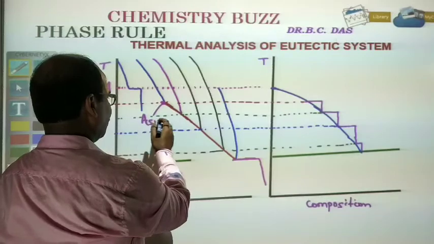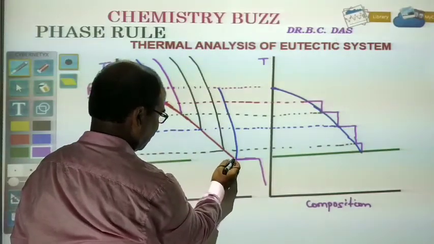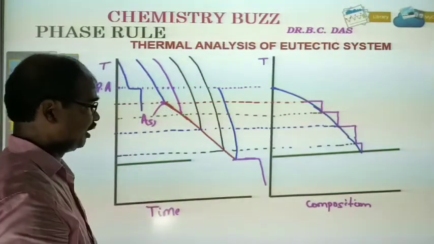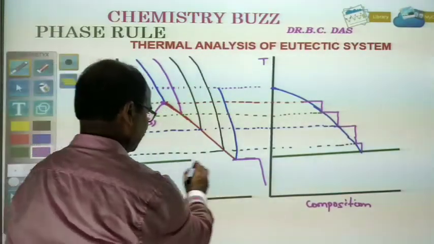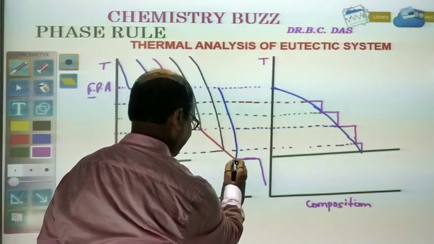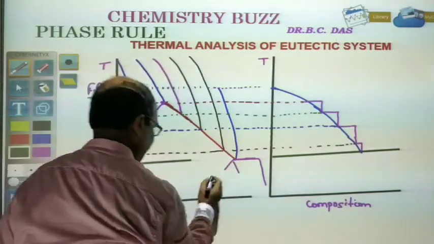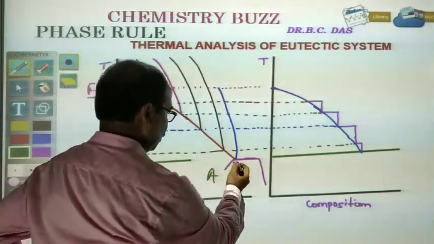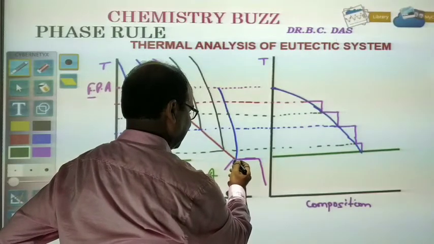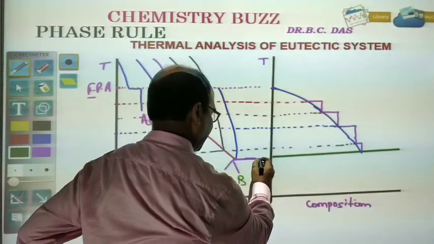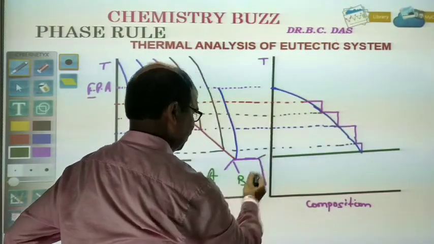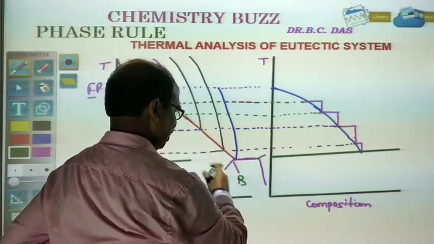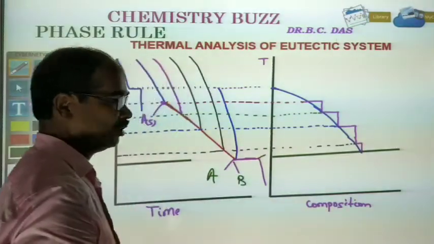So this takes a long time up to here, and when the eutectic temperature and eutectic composition are reached, then the temperature will remain constant, and at this point the solidification of A and B will start. The temperature will be maintained, and at this point the solidification of A and B completes. So when solidification completes, the cooling will result in a sharp fall of temperature.